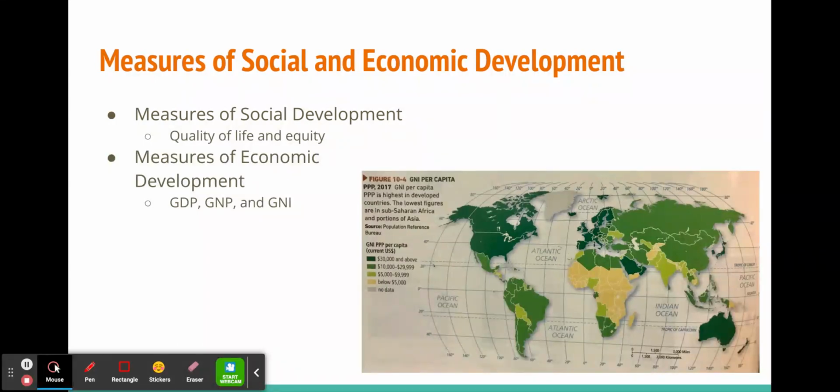So starting with GDP, it is the value of all goods and services that's produced in a country over a specific period, regardless of the producer's nationality. It tends to be a better indicator of the country's economic health than GNP, which measures the total value of all the goods and services made by a country's residents and businesses in a specific time period.